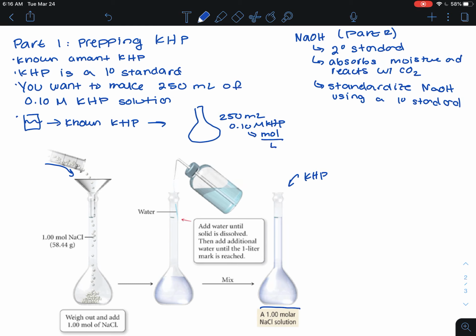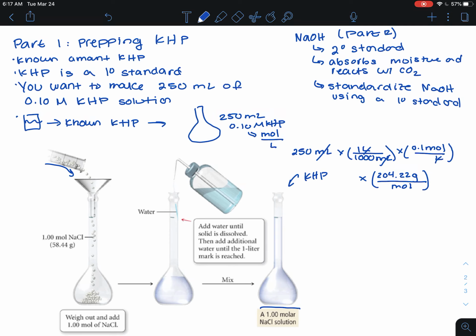Since I know that this is mole over a liter, and I know I can get grams physically, I need to work back and use my molar mass. So if I take my 250 milliliters, divide by the conversion to get liters, then multiply by my concentration, that's my goal, I get moles. Then if I want grams, I can multiply the whole thing by my molar mass of KHP.